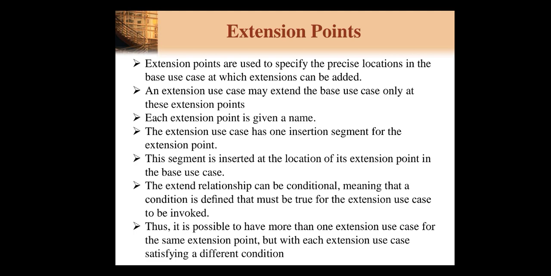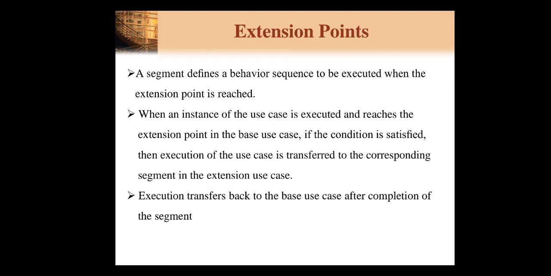Each extension point is given a name. An extension use case has one insertion segment for the extension point. This segment is inserted at the location of its extension point in the base use case. It is a segment that defines a behavior sequence to be executed when the extension point is reached.